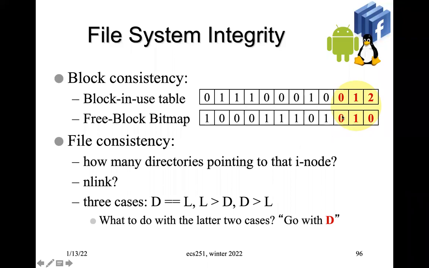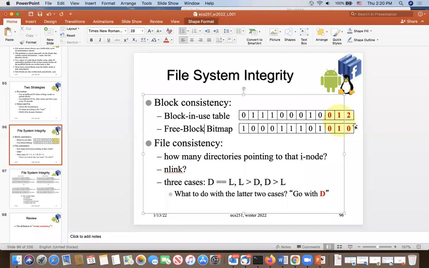Okay, so let me ask you a question. Which of these two kinds of error is more serious, or which is much more dangerous than the other? 0, 0 or 1, 1? Which case do you think is worse?